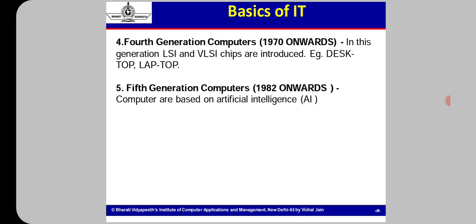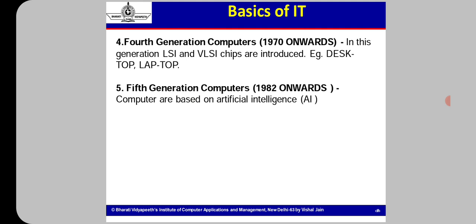LSI means large scale integrated circuit. It is also a chip and circuit board. And VLSI means very large scale integrated chips. Examples for this generation are generally desktops, laptops, like that.